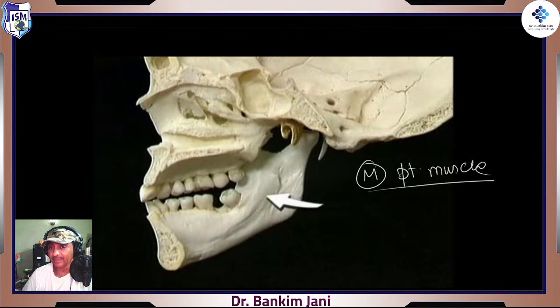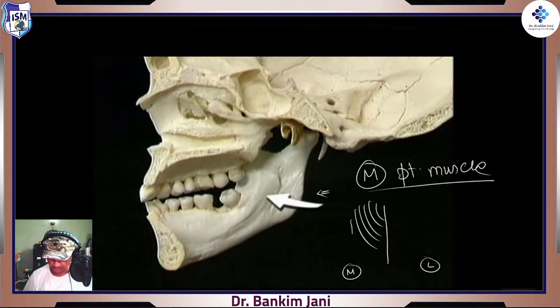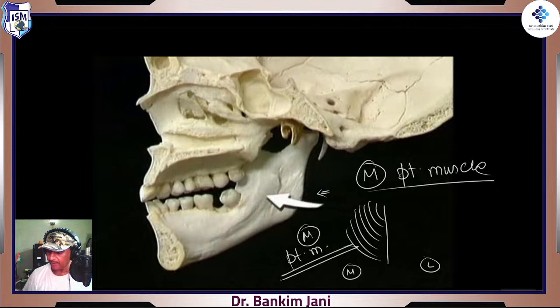So can we think something very important? The angle of mandible, as we said, once again, let's draw this is angle of mandible, because it's like we are just watching from posterior, right? So let's say this is medial, this is lateral. On the medial aspect, there were big muscles, right? That's what we saw. That is the medial pterygoid muscle, correct? And who was on the outer side? That was masseter, right?